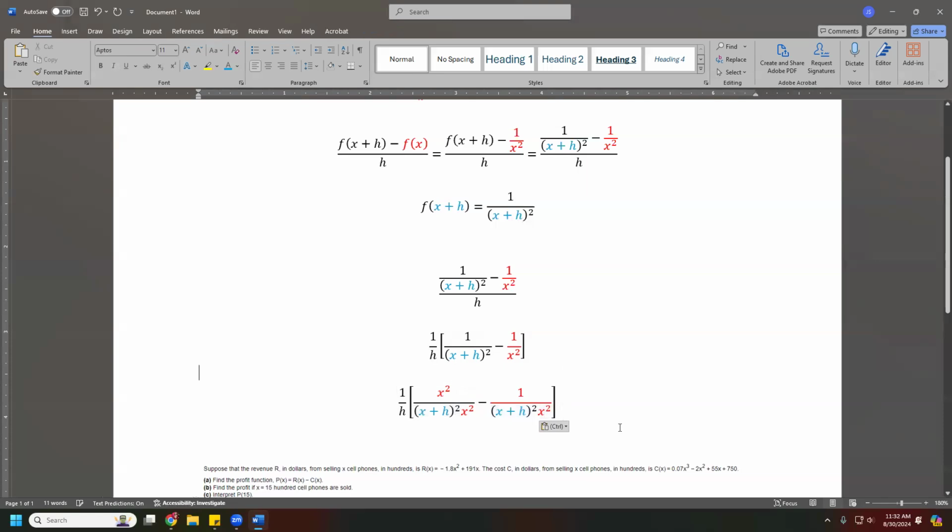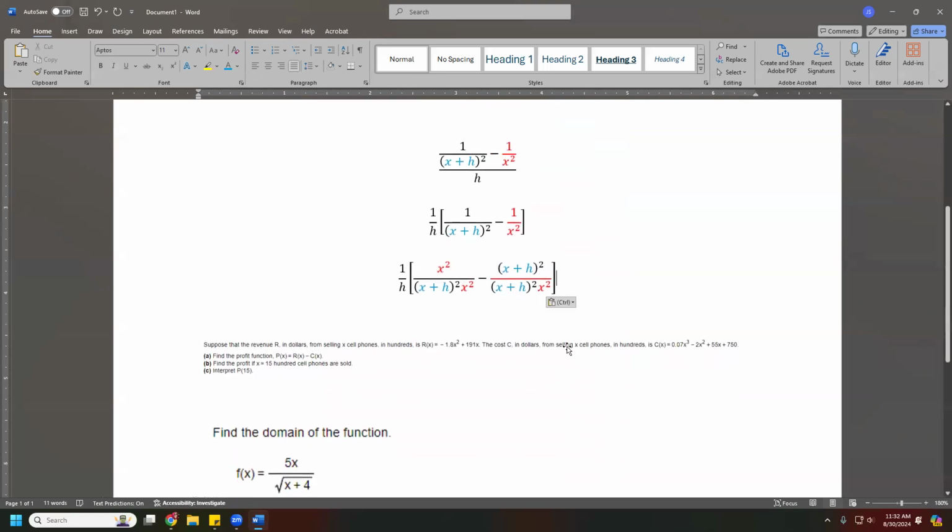So I'll write it out and then explain what happened. Okay, so multiplying on the top and bottom is perfectly legal because that actually cancels out to become 1. Sort of like if I multiply by 2 and then divide by 2, it's like I did nothing. That's what I'm doing here. I'm multiplying by x squared, and then I'm dividing by x squared. So it's like I did nothing.